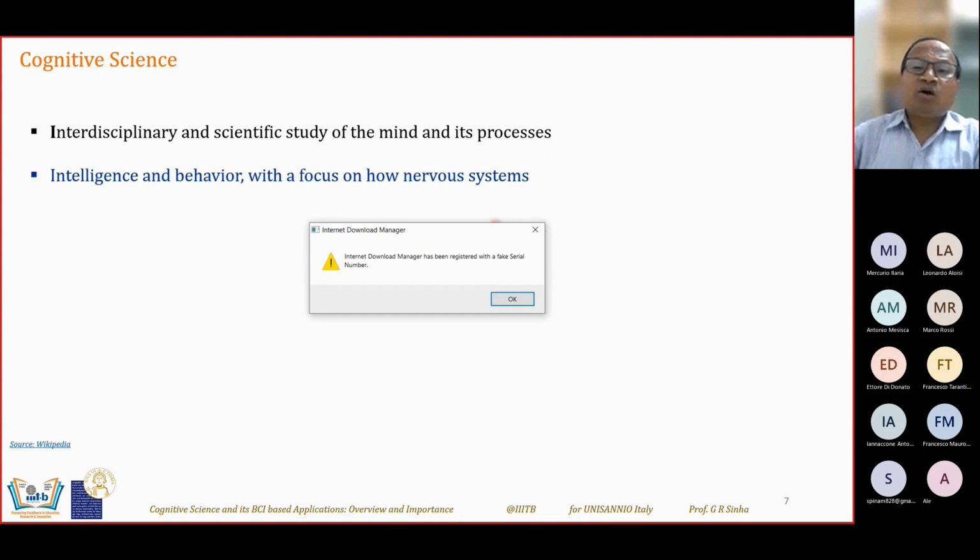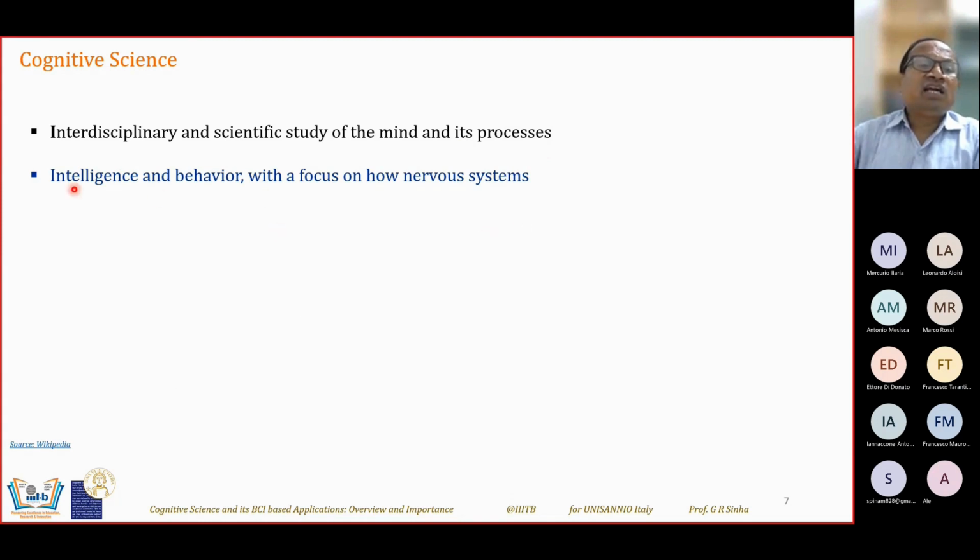Intelligence and behavior. How do we gain intelligence? How does a machine gain intelligence just like the human brain? And then how do we understand behavior? We do a lot of research on behavior to find out how the behavior of a person is, whether the person is rude, whether the person is very humble, whether the person is happy, whether the person is disappointed.